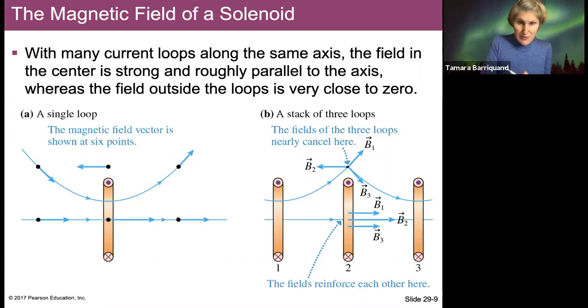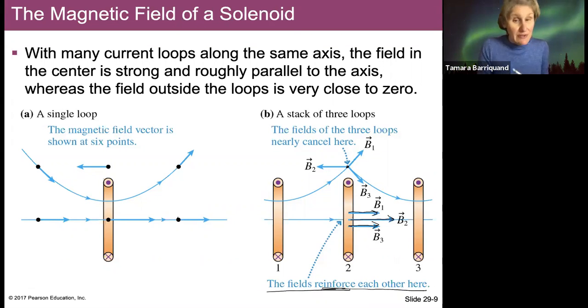So when we have a solenoid, we can assume that the magnetic field is pretty much zero right outside of our solenoid. Now, inside the solenoid, all the magnetic fields will point in the same direction, horizontal and in the same direction. And so the fields inside the solenoid reinforce each other.